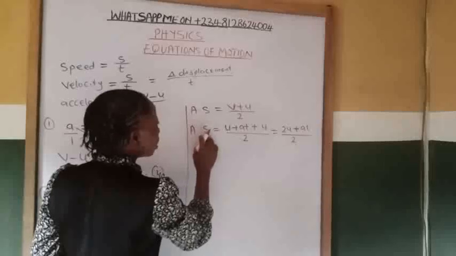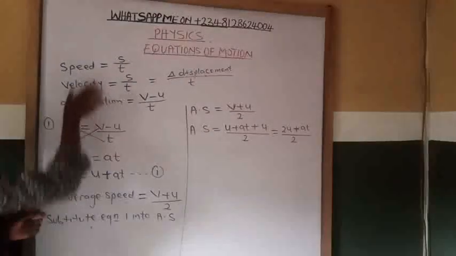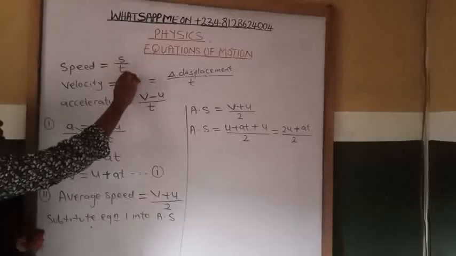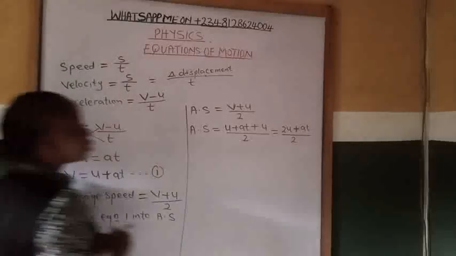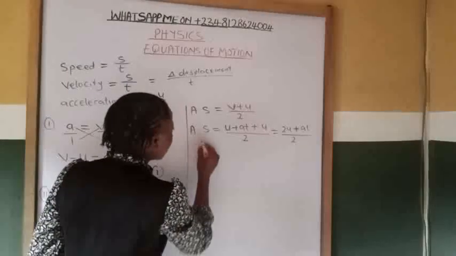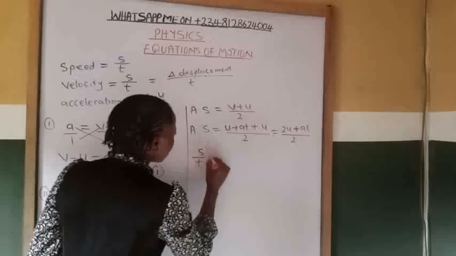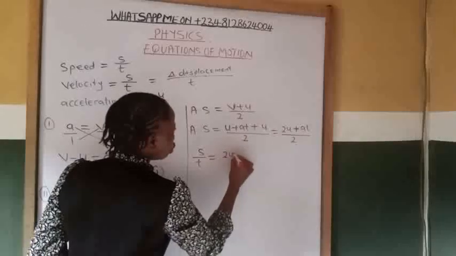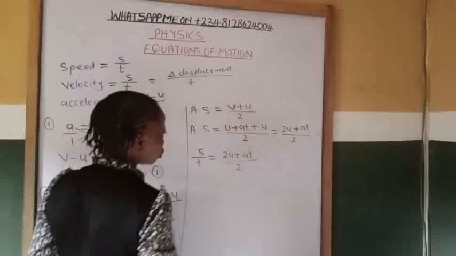Don't forget that speed is the same thing as distance over time taken. So my average speed will be distance divided by the time taken, equal to 2u plus at over 2.